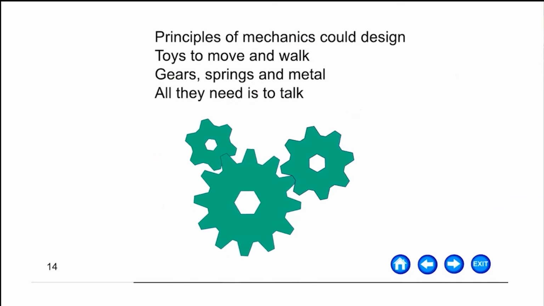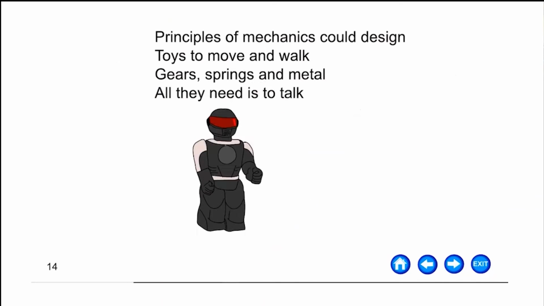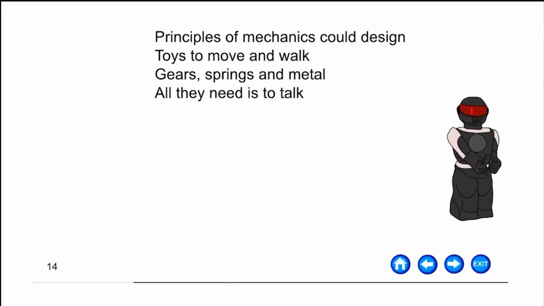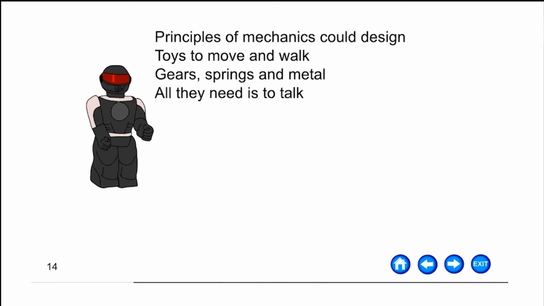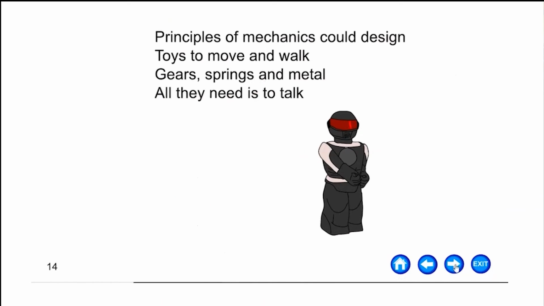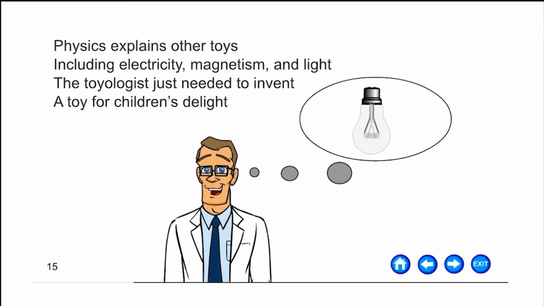Principles of mechanics could design toys to move and walk. Gears, springs, and metal, all they need is to talk. Physics explains other toys, including electricity, magnetism, and light. The toyologist just needed to invent a toy for children's delight.